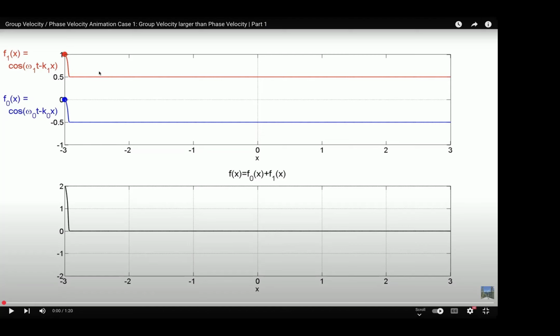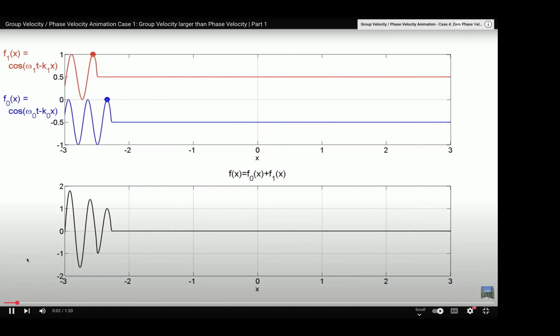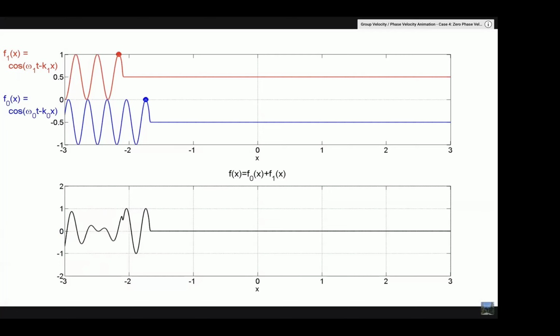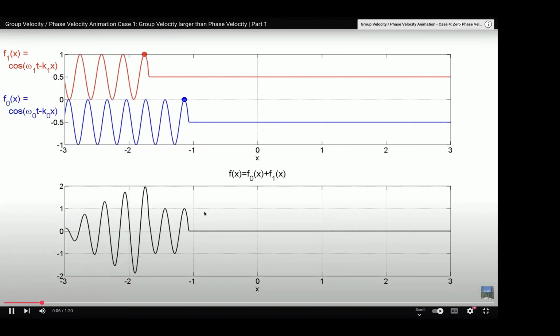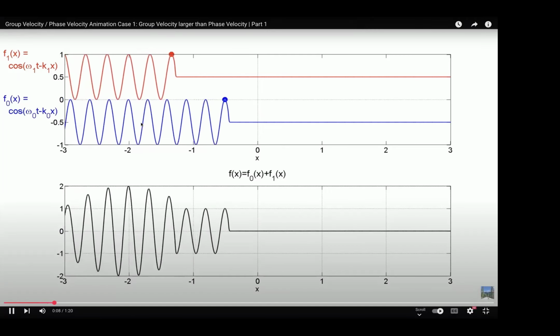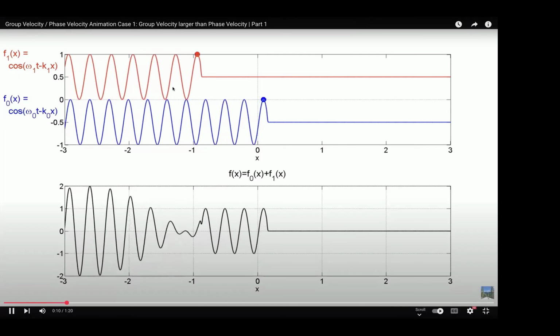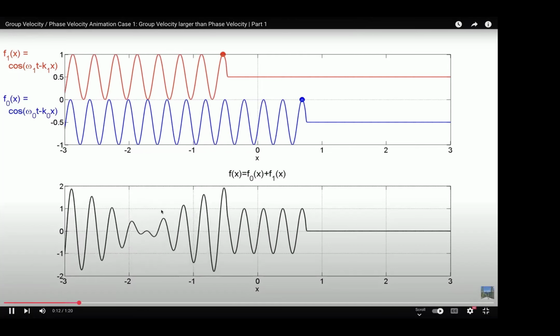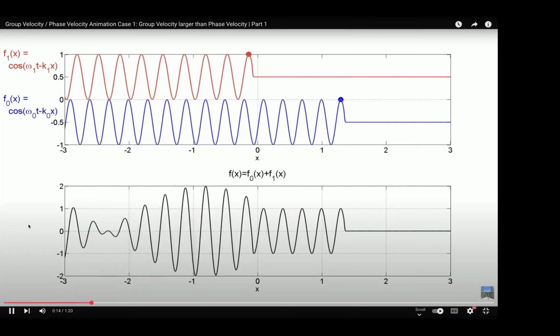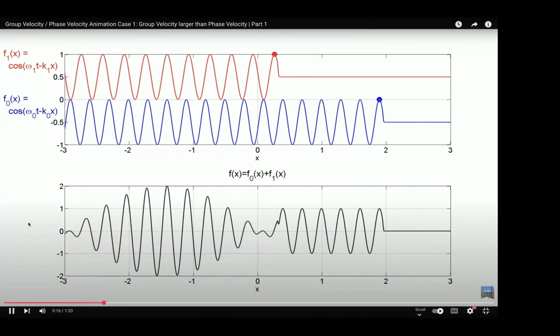Okay, so these are the individual waves and what you'll see here is the group of waves. So makikita n'yo na mas mabilis ng konti yung isang wave na ito kumpara dito. And when that happens, then you form these waves.